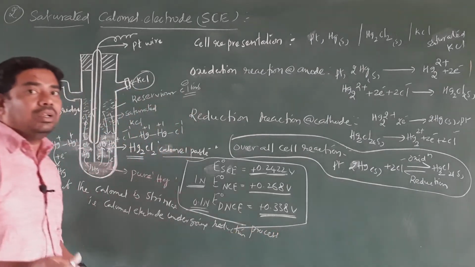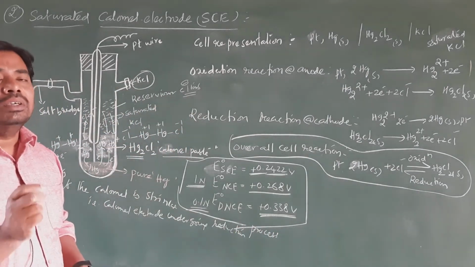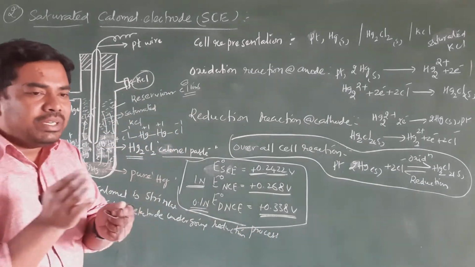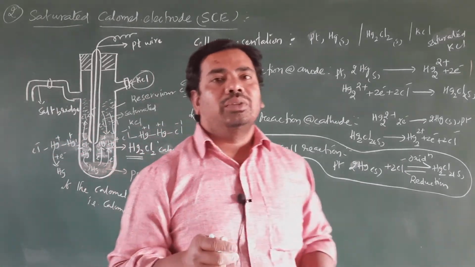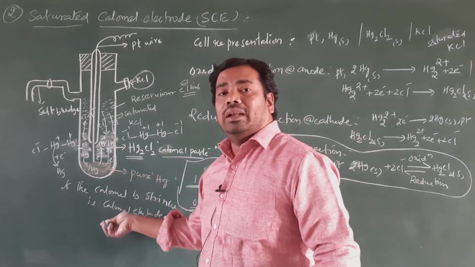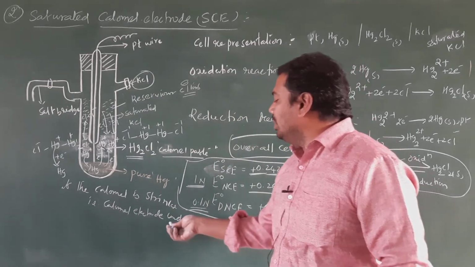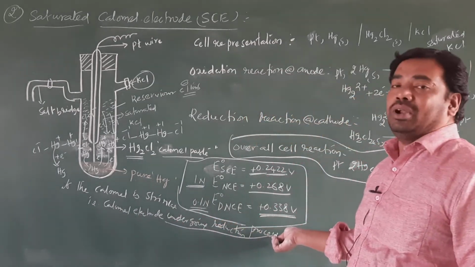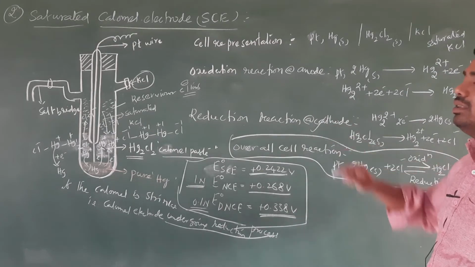Clear, student? If the calomel paste is shrinking, it indicates the calomel electrode is undergoing the reduction process, so this reaction is possible.